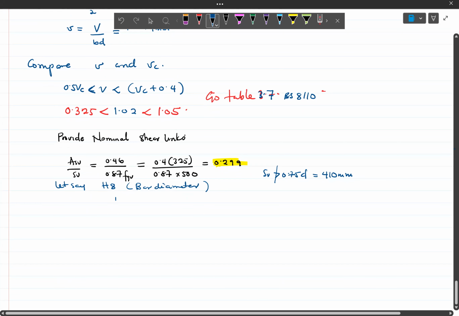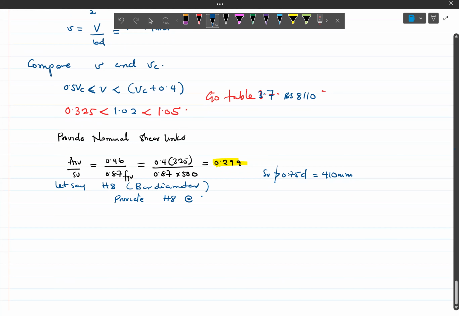So I will still end up with provide H8 at 300 millimeter centers. Okay, great. And then your ASV by SV provided will be what we had earlier, which is 0.335. Now let's look at the fourth example.